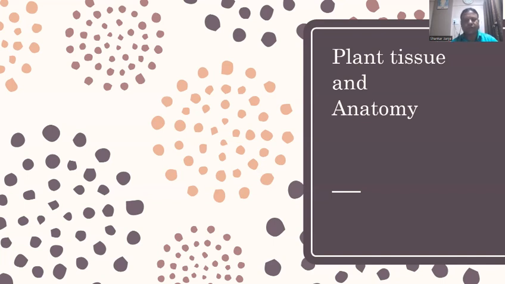Study of tissue comes under the branch called histology, and study of cell under the branch called cytology. So study of cell and aggregation of cells called tissue and their anatomical detail we will learn in this topic.